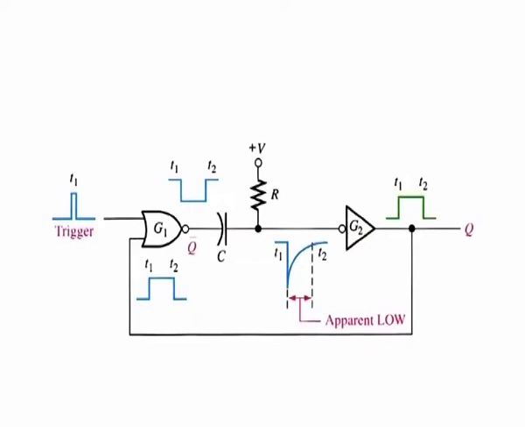To summarize, the output of inverter G2 goes high in response to the trigger input. It remains high for a time set by the RC time constant. At the end of this time, it goes low. A single narrow trigger pulse produces a single output pulse whose time duration is controlled by the RC time constant.